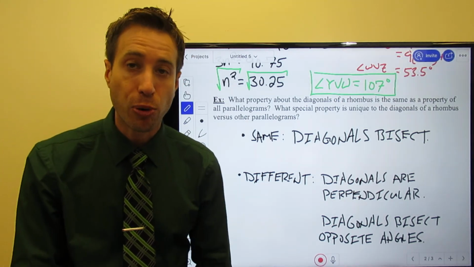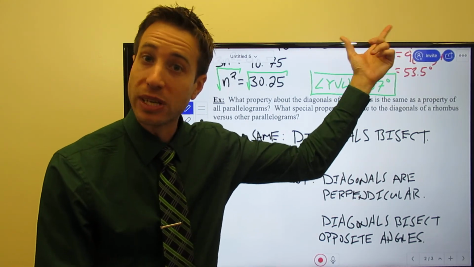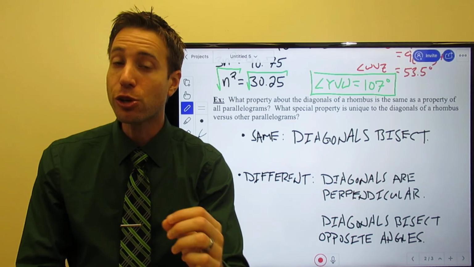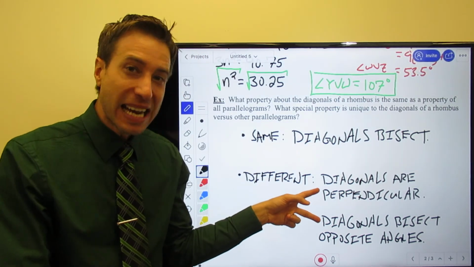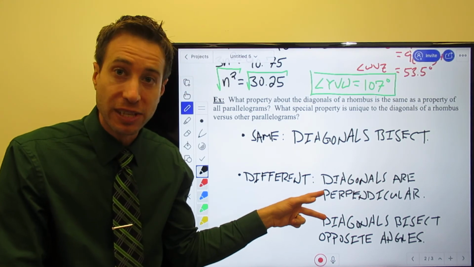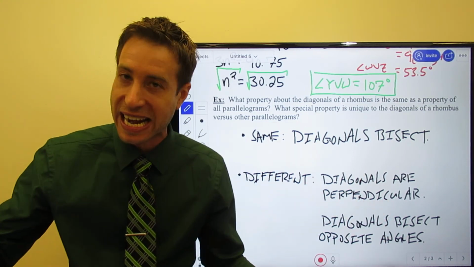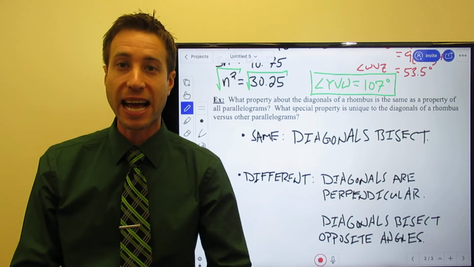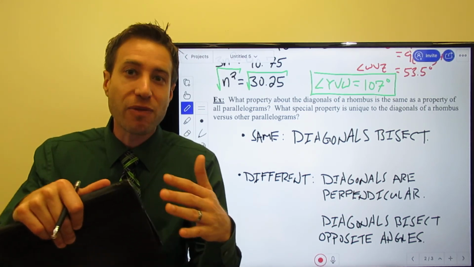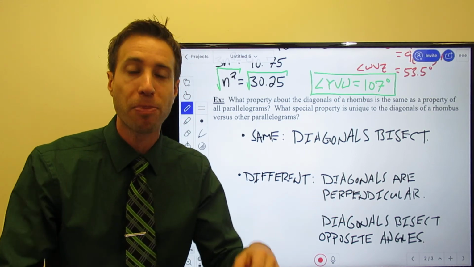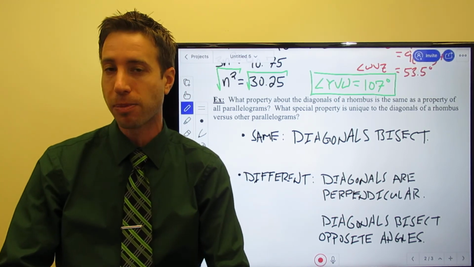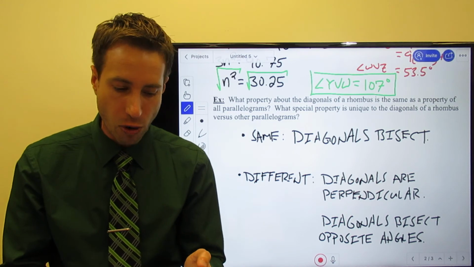Right, and that's really important information. When I give you a diagram and I tell you that diagram is a rhombus, more than likely I'm going to ask you questions about these special properties. And I'm not going to come right out and say, what do you know about the diagonals of a rhombus? I'm going to see if you know these properties, and can you use these properties to set up an algebra problem that you can then solve?